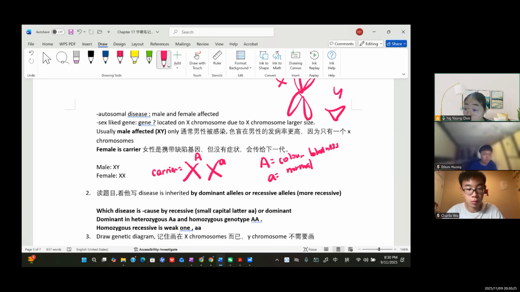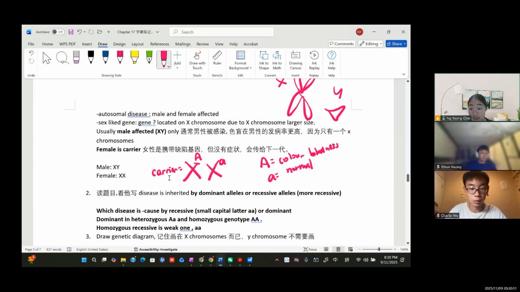No. A carrier carries the defective gene, but will not show any symptom. But when the carrier marries another man, they can pass this defective gene to the next generation. So if they have a son and the son is unlucky, he will inherit the gene and have color blindness. That's why a female is usually a carrier.